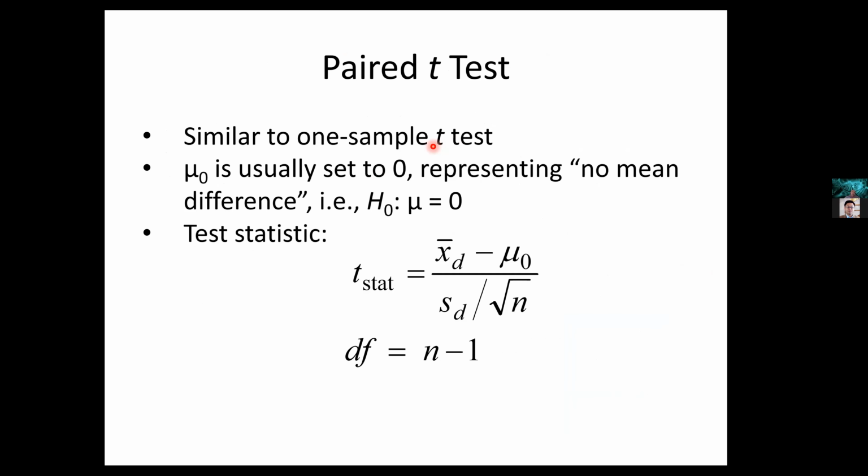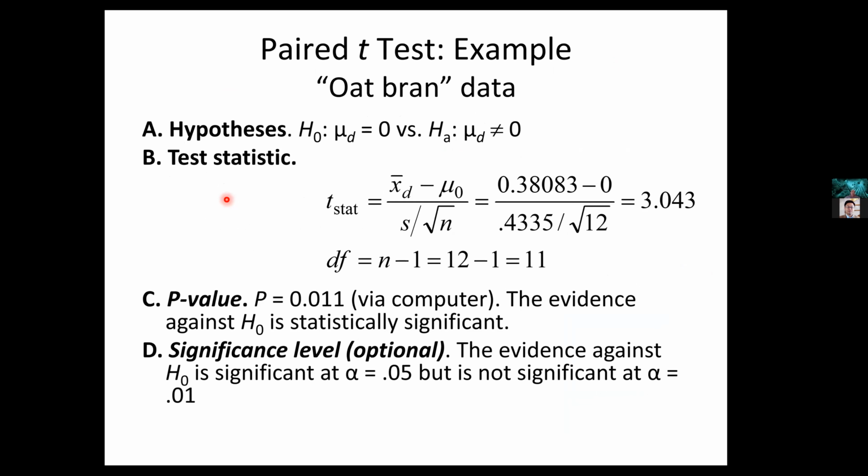This is what they call a paired t-test, where the null is no mean difference, which means it's also called a two-sided test. This is the oat bran data, test statistic. The t-statistic is 3.043 with degrees of freedom of 11. The p-value when using R was 0.011.